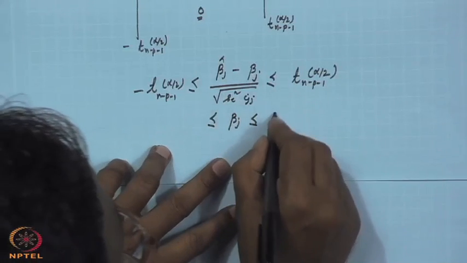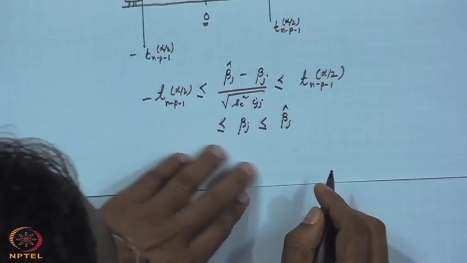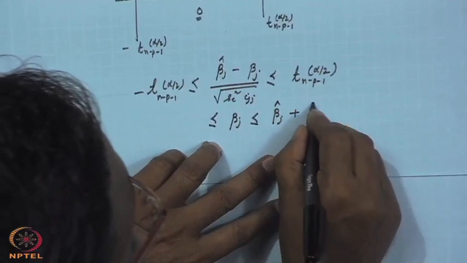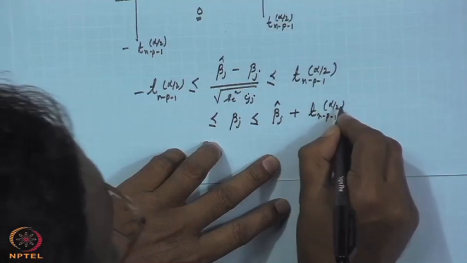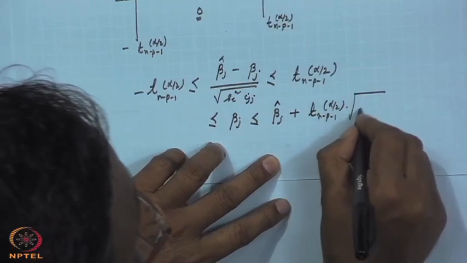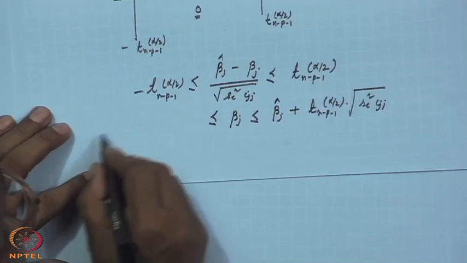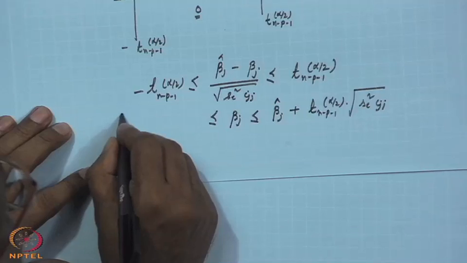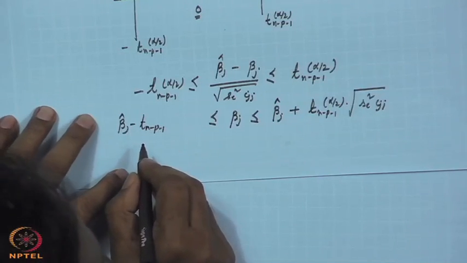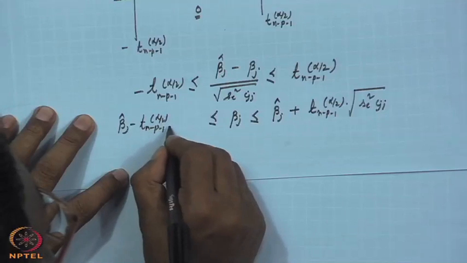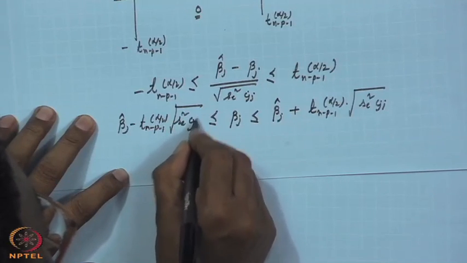This quantity will come here as beta j cap plus t n minus p minus 1 alpha by 2 into root over s square C j j, and this side it will be beta j cap minus t n minus p minus 1 alpha by 2 root over of s square C j j.